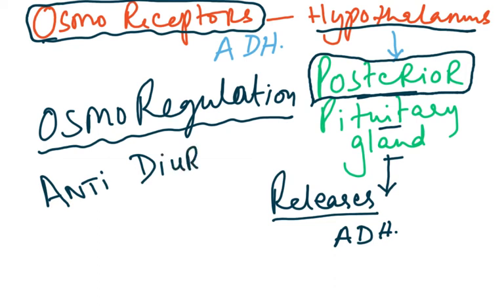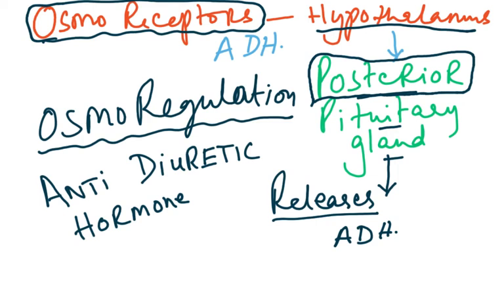Diuresis means production of urine. So anti-diuretic hormone means that the water which was going to be passed out in the urine, that water molecule is going to be absorbed back into the blood. So the concentration of the blood is going to normalize.